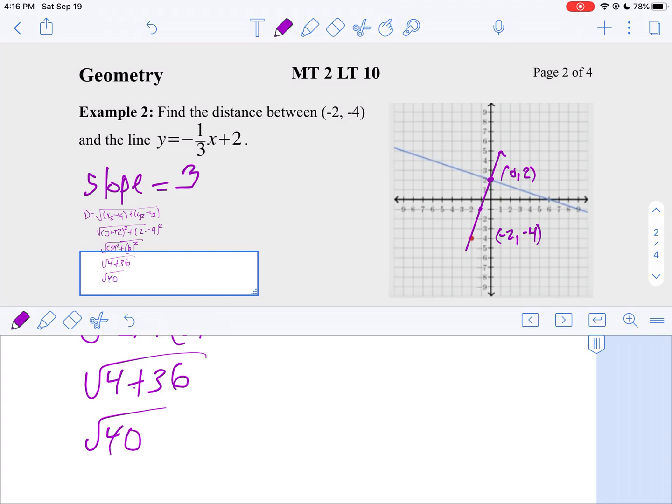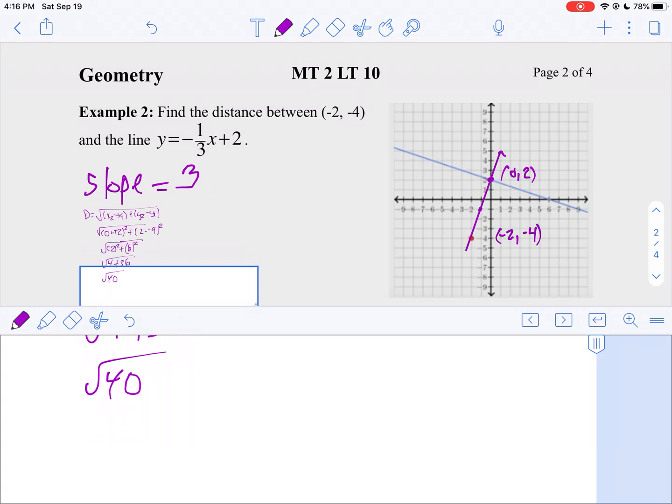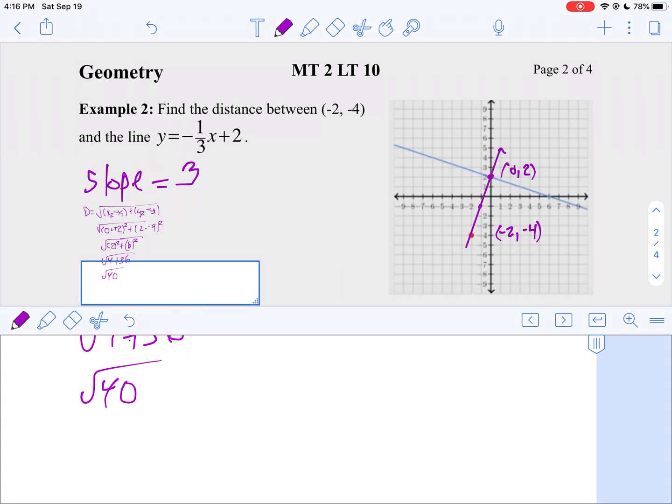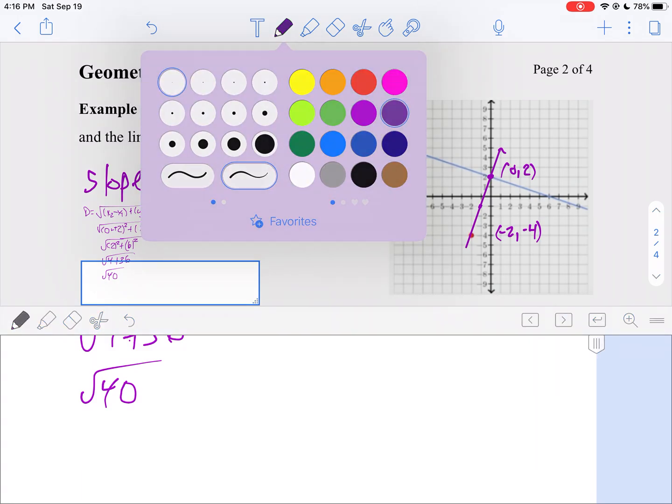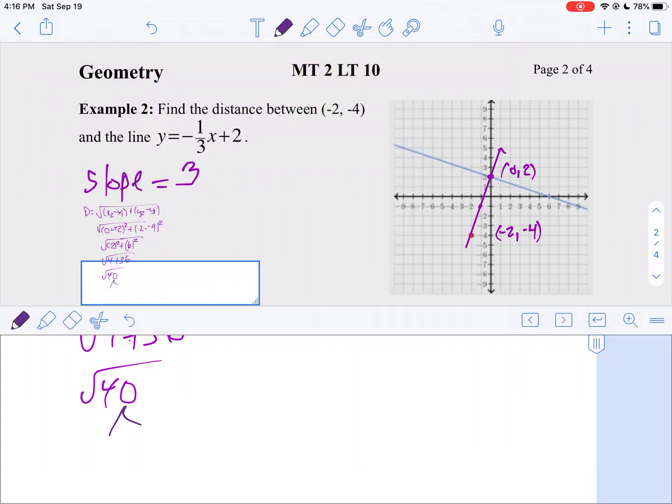Now, at this point, you could use your calculator and find the square root of 40. I'm not going to do that, but you could. Let's actually simplify the square root of 40, because it's always nice to review how to do this, because that seems to be a skill people forget. So what goes into the square root of 40? Well, the square root of 4. My pen died.